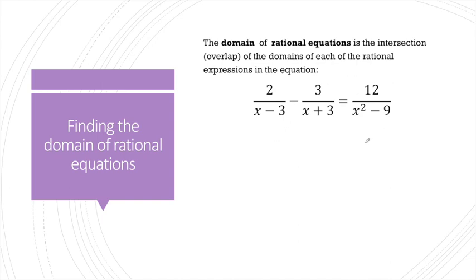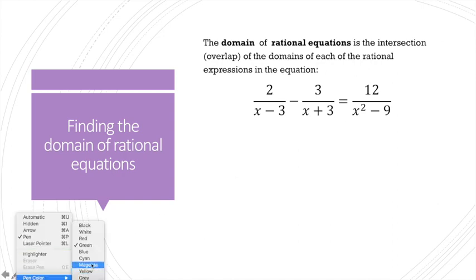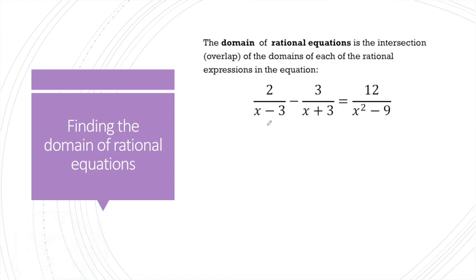Now let's take a look at this function. So I need to set each denominator equal to 0, and I need to switch pen color because that green is just really something. How about pink? So I'm going to set each of my denominators equal to 0 and factor them to figure out what values we must exclude from our domain.